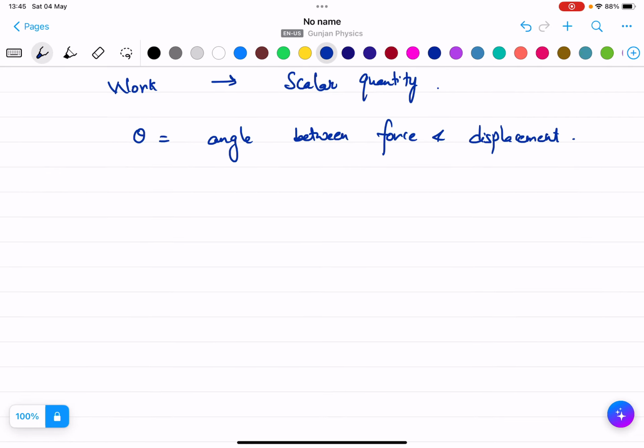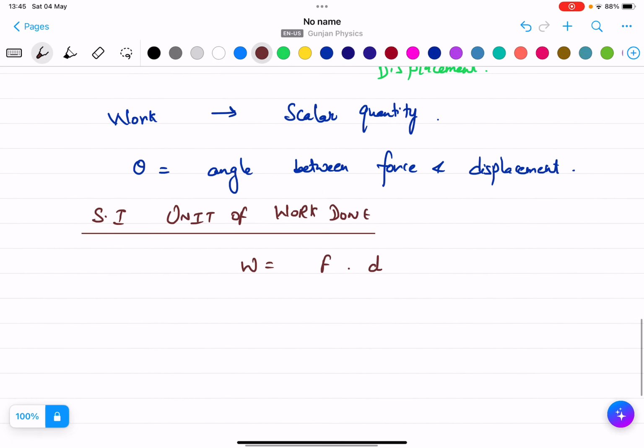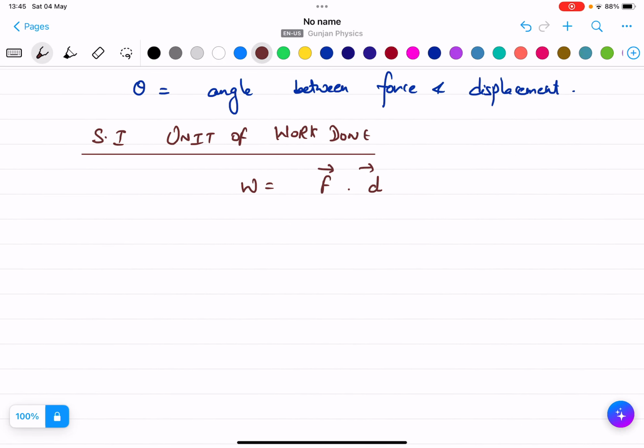Now what is the SI unit of work done? What is the formula? Force into displacement. What is the unit of force? You all know, Newton.